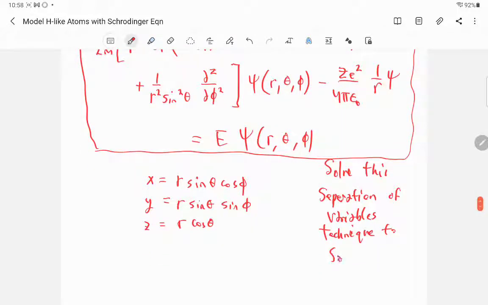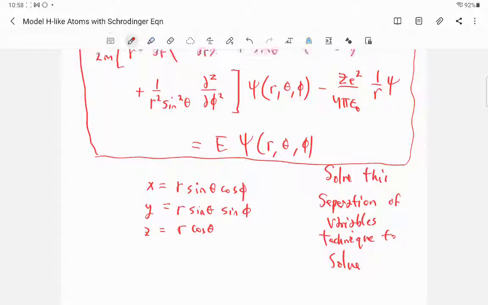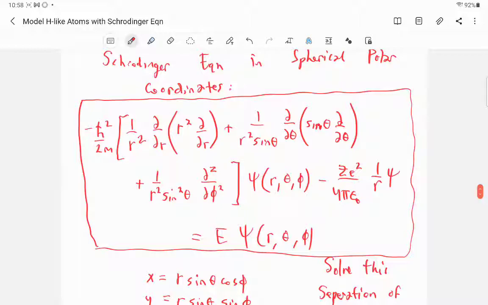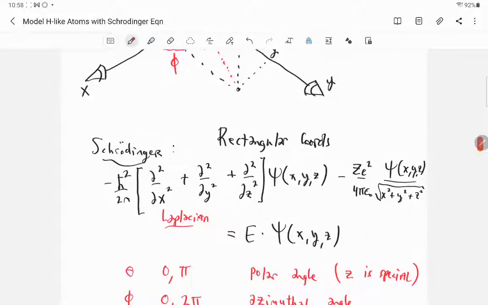To solve, right? So this is a mathematics technique of solving certain kinds of differential equations. Just to reiterate, this thing in red that I put a big box around, you can solve with separation of variables. This thing up here in black, which is also the Schrodinger equation, there's nothing wrong with this equation other than it's not separable. You can't solve this by separating the variables x, y, and z from each other.